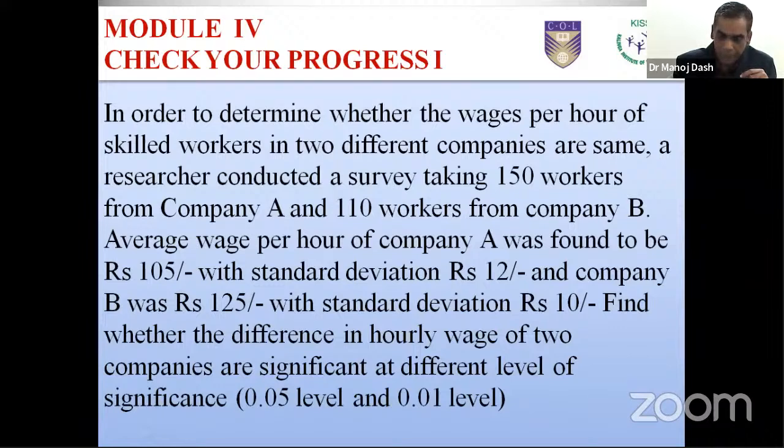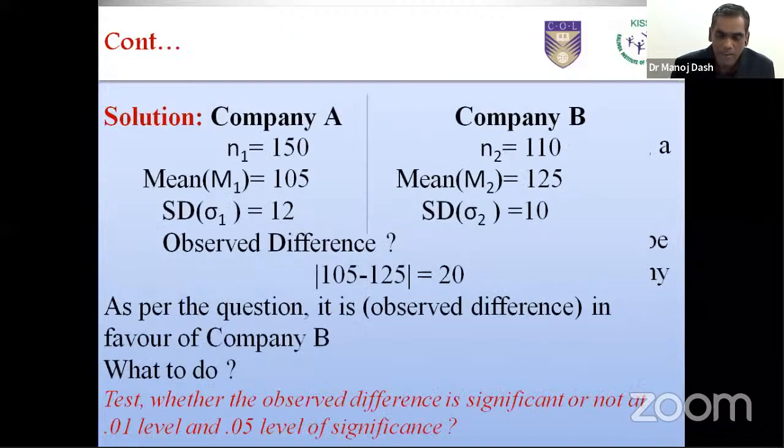Now, based on the question that was given, this is the small analysis we have made. What is the information given about company A? What is the information given about company B? What is the number of workers taken from A? 150. Number of workers taken from company B? 110. That is given in the question.